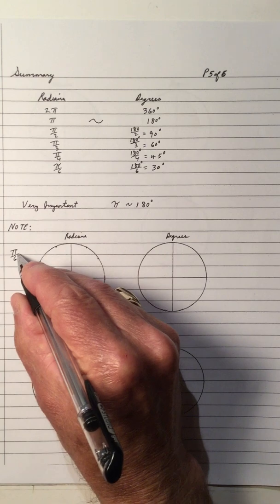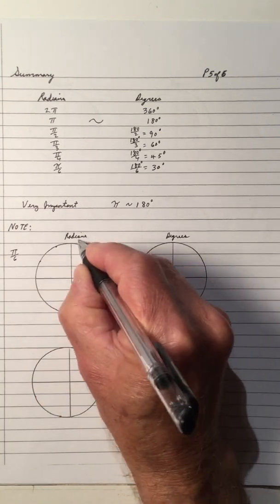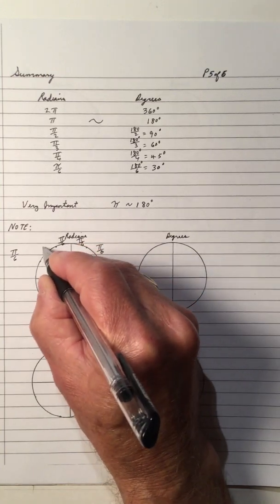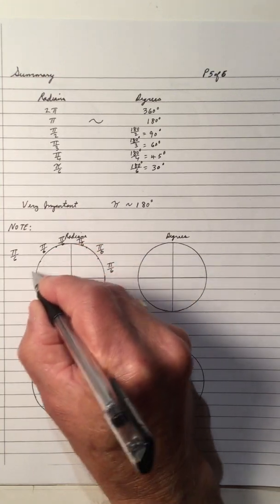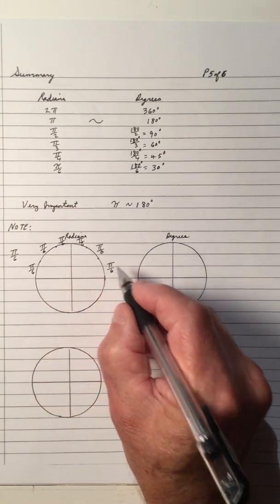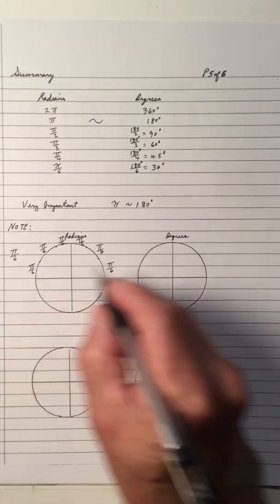So that's pi over 6, six times. Pi is divided into 6 pieces.